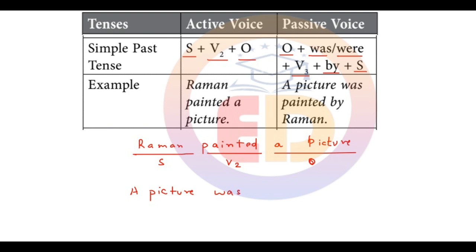Past participle form of the verb painted will be painted, followed by by and the subject Raman. So the passive voice will be a picture was painted by Raman. Now here, picture is not the one who's doing the action, but the action is done on the picture. So it is the passive voice.